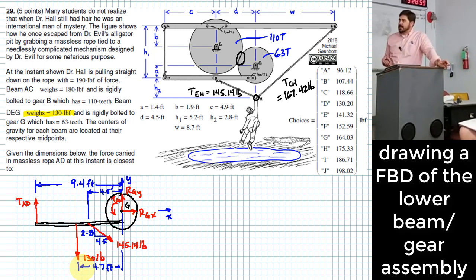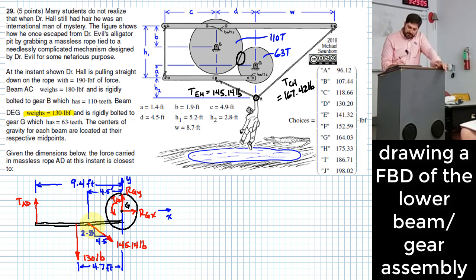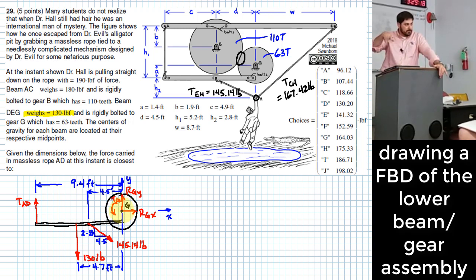Is that everything that I need? Yeah, because I will have a horizontal component of force due to this 145.14 pound force, and that horizontal component won't pass through an axis that goes through G, that will create a rotational tendency around G too, right?